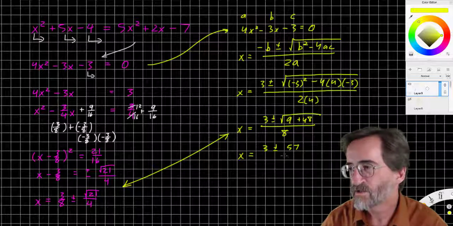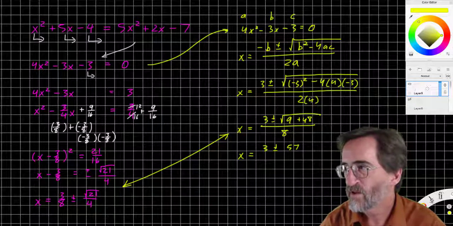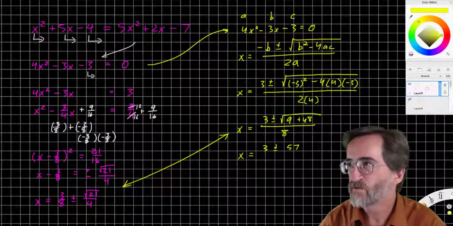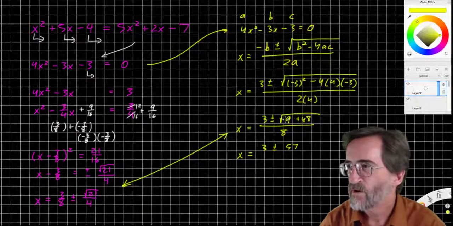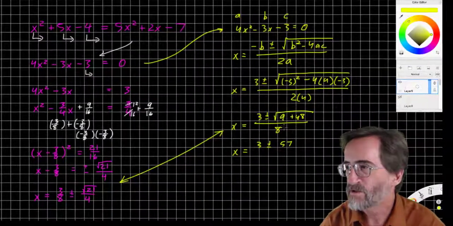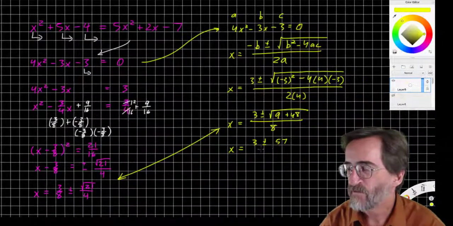And actually, is that right? Did I do that right? 4 times 4 is 16, 4 times 4 times negative 3. 4 times 4 is 16, 16 times 3 is 48. 48 and 9 is 57. Yep.